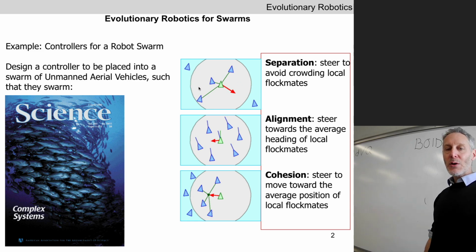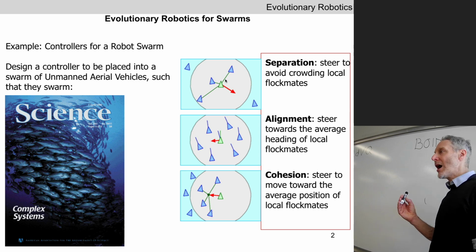So it sees 3 of its neighbors, and it computes its relative position to those neighbors. And that relative position is represented by the 3 green lines that you see here. It's going to sum up those relative positions and then turn in the opposite direction.